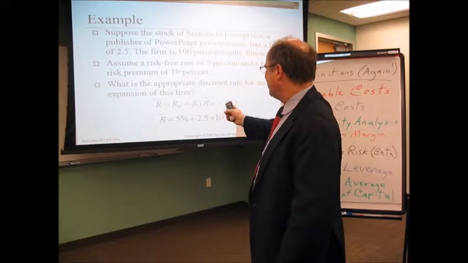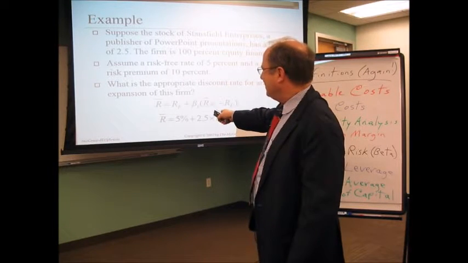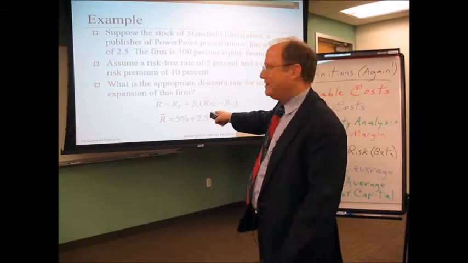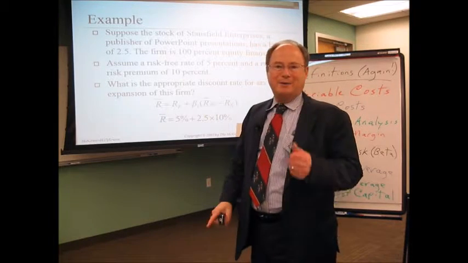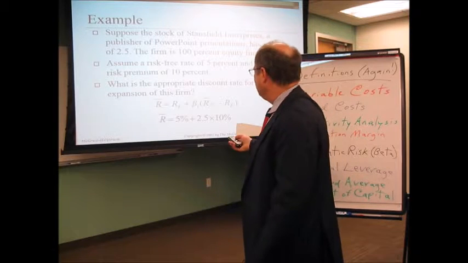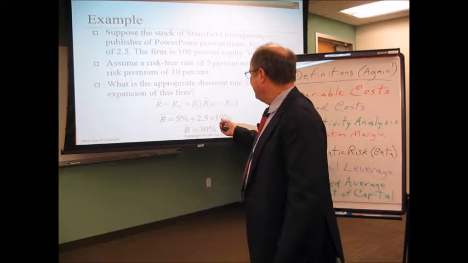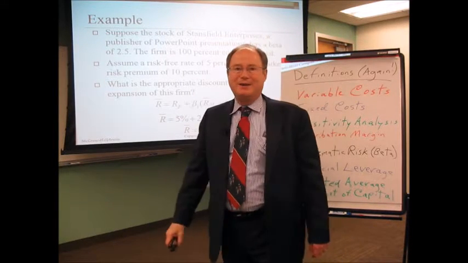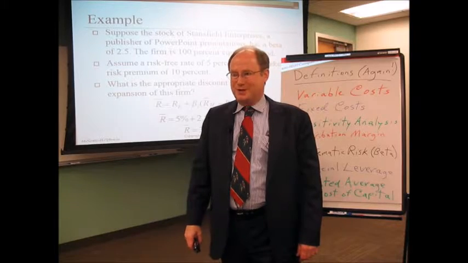It's 10%. So when you come up with the cost of equity, it would be 5% risk-free rate plus 2.5 beta times 10%. When you net all of that together, the overall cost of equity for this particular company is 30%.